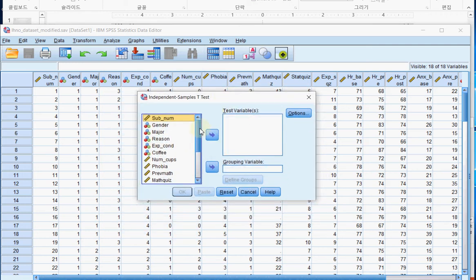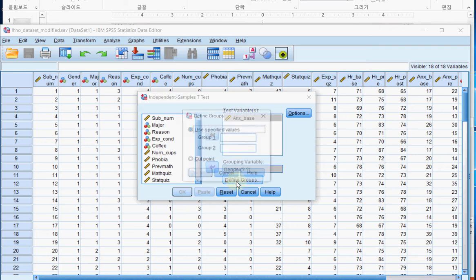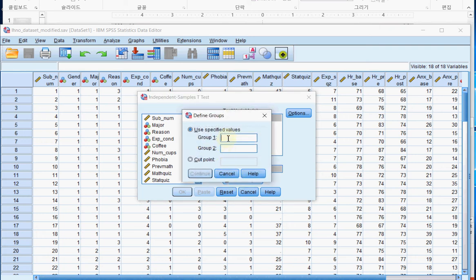So choose angst base. The test variable is our dependent variable. Then gender is the independent variable. Its function is as a grouping variable here. Then define groups, we code one for female and two for male.